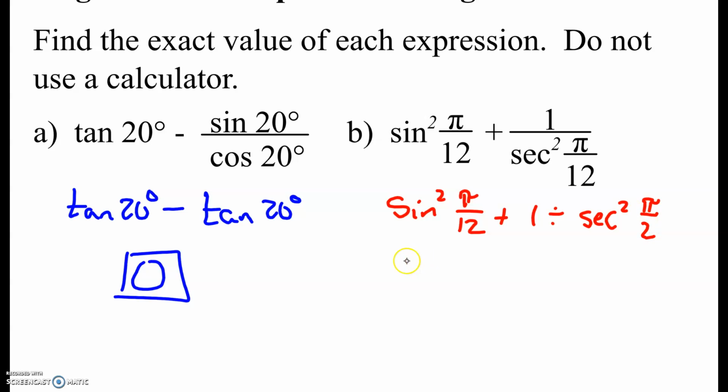And then I can use my reciprocal identities. Secant is 1 over cosine, and it's being squared. So that's going to be 1 over cosine squared pi over 12.